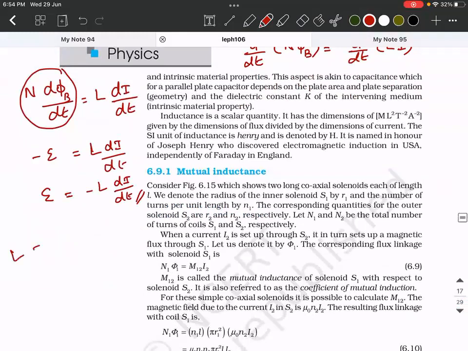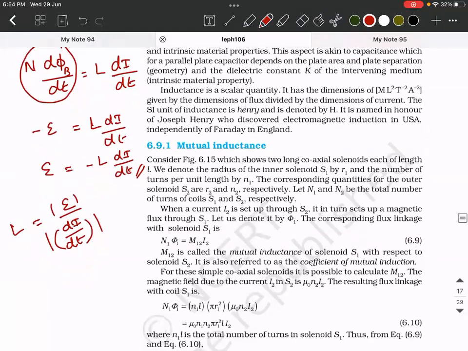So L will be equal to E divided by dI by dt, in magnitude. Sorry, L is equal to E divided by dI by dt. Now I have something to say.